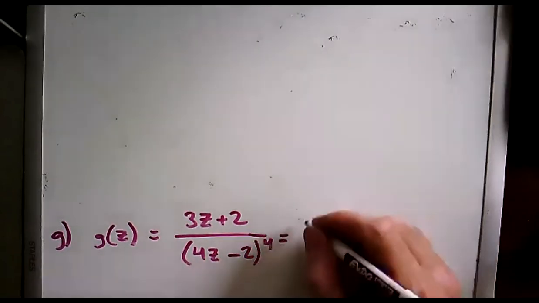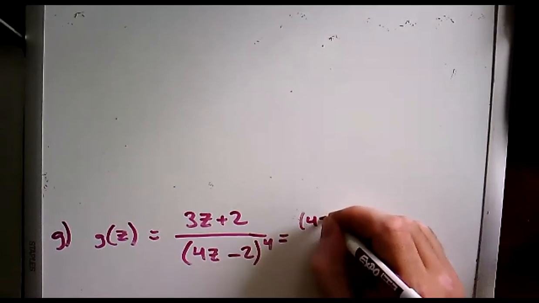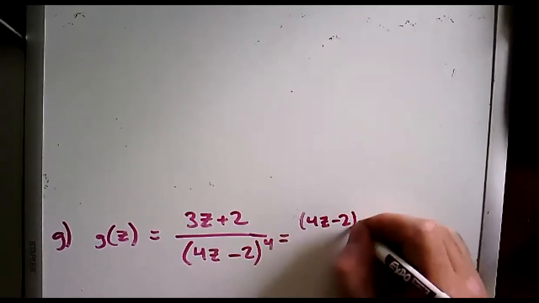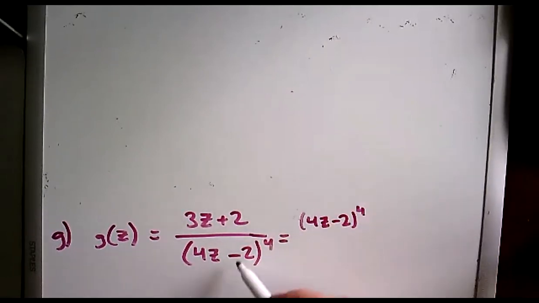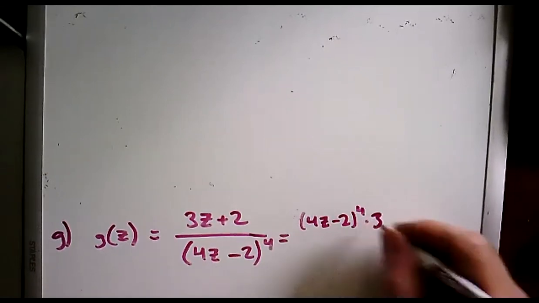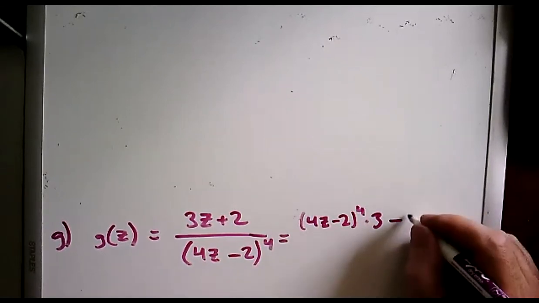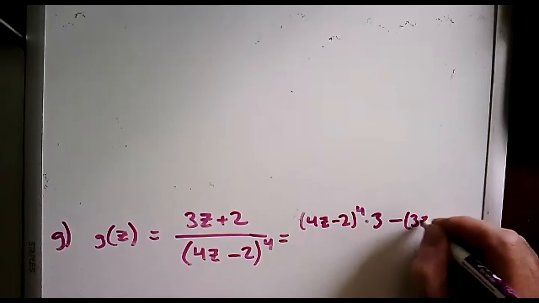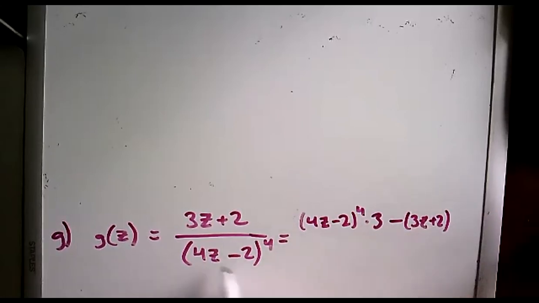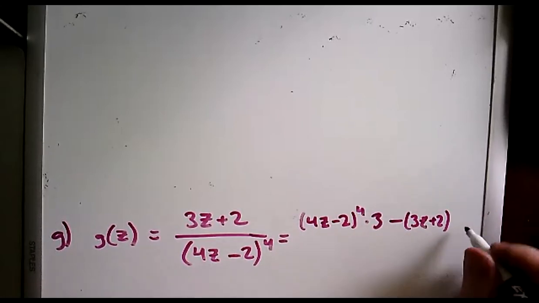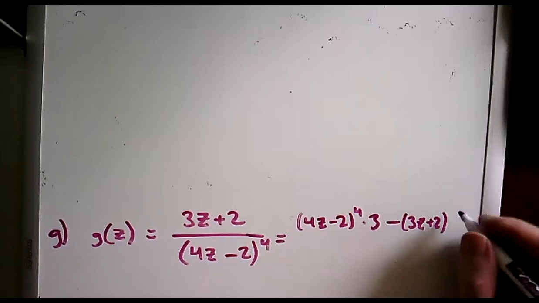So low d high would be 4z minus 2 to the fourth power times the derivative of the top, so times 3, minus high, so 3z plus 2, times the derivative of the lower function. I'm running out of room here, so let's see, what would that be?